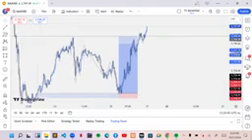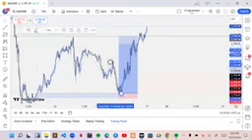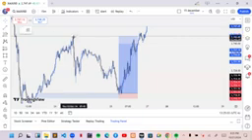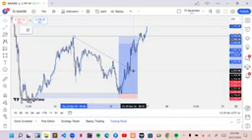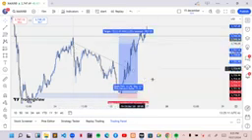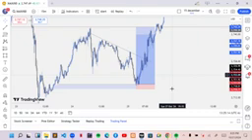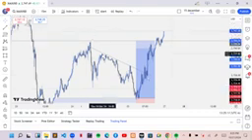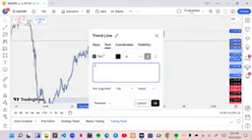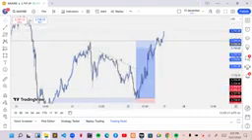So what does it mean? It means that on this upside here lays trend line liquidity. And once market takes out one side of liquidity, it's going to take out the other one.